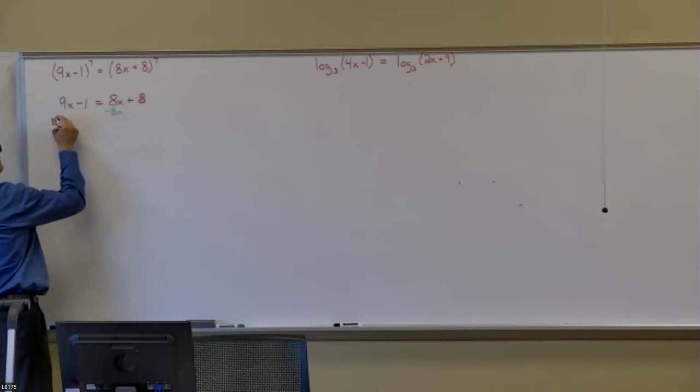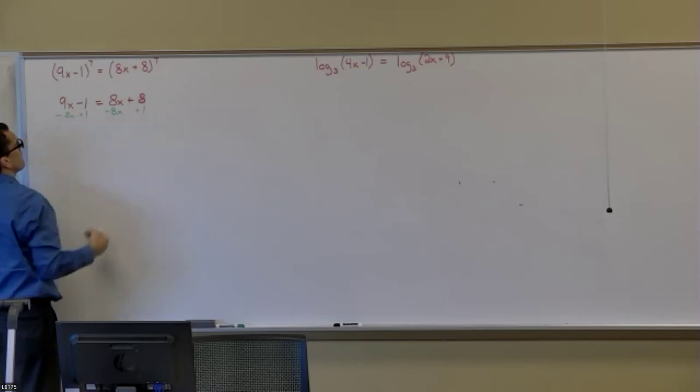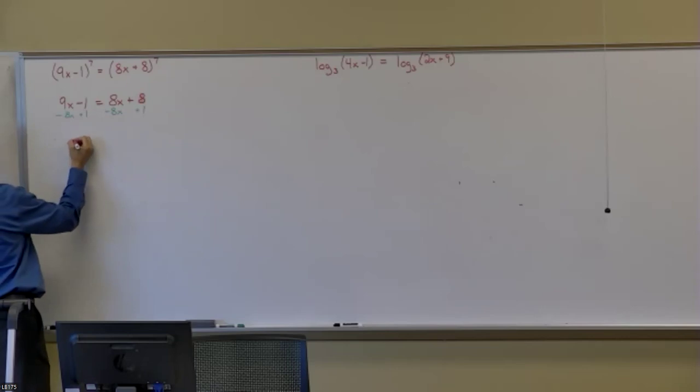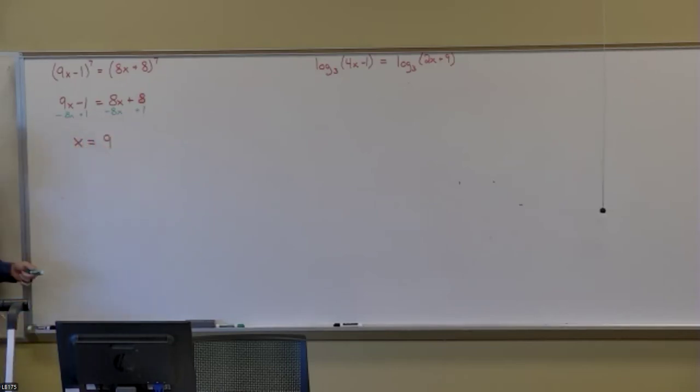Again, that's solving a linear equation. I would end up getting x is equal to 9 when I do my solving, when I subtract 8x from both sides and then add 1 to both sides. I get x is equal to 9.